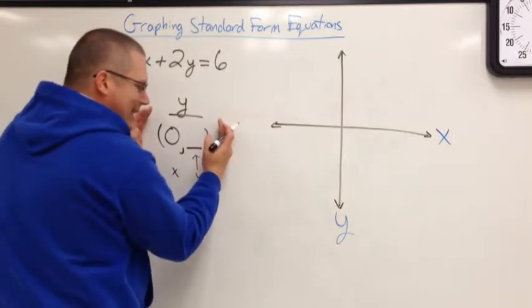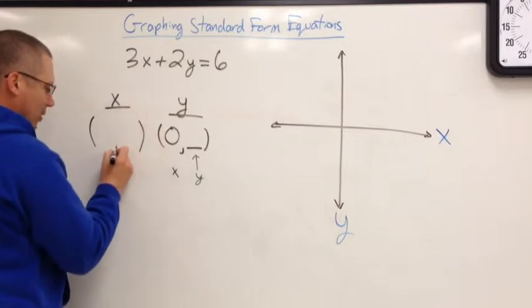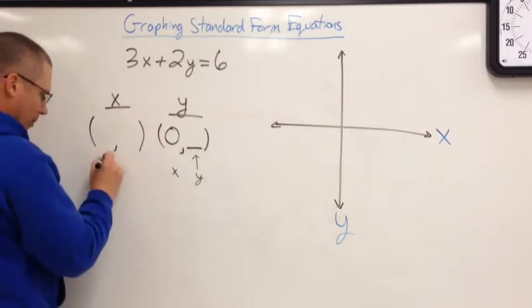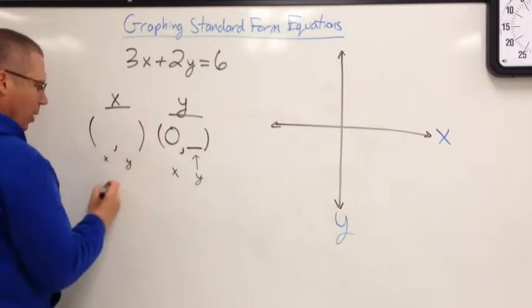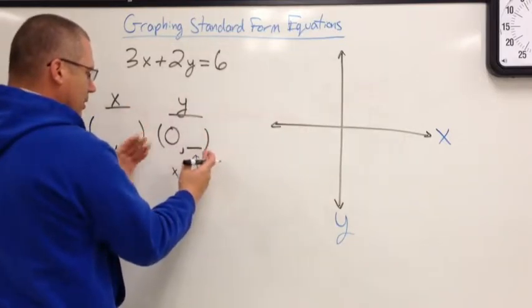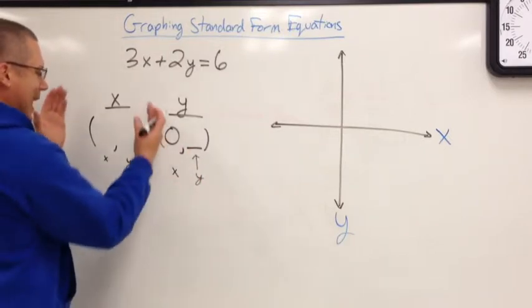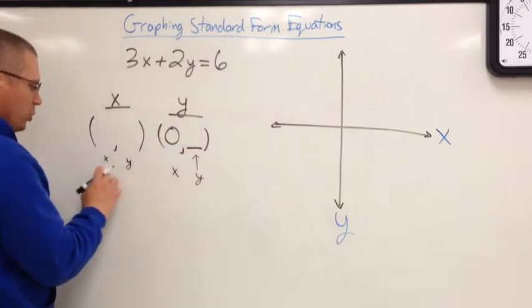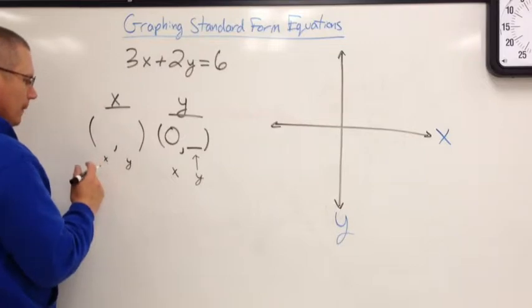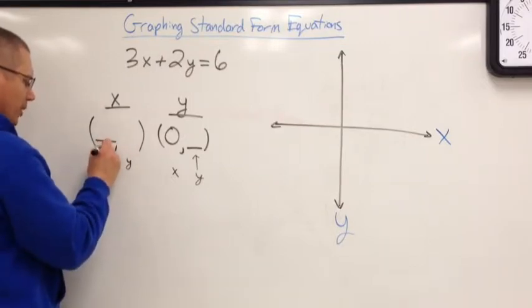Now, if that can sink in a little bit, let's take a look at what the x-intercept would be. Remember, this is my x value, this is my y. In a y-intercept, I wanted to know what the y value was. So in an x-intercept, which value do I want to find? Hopefully you say x.